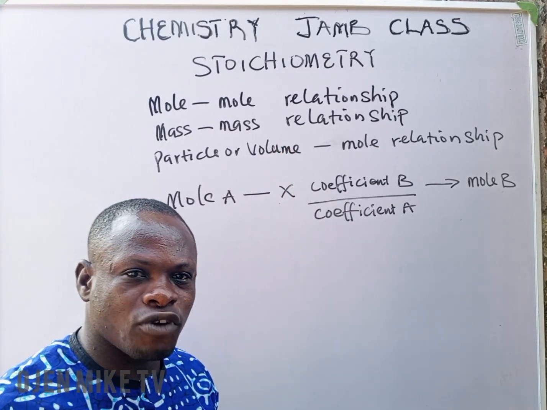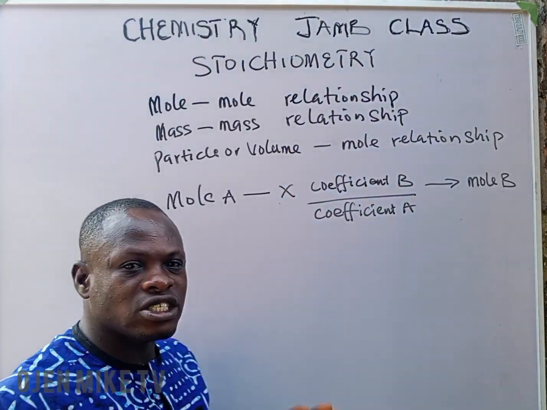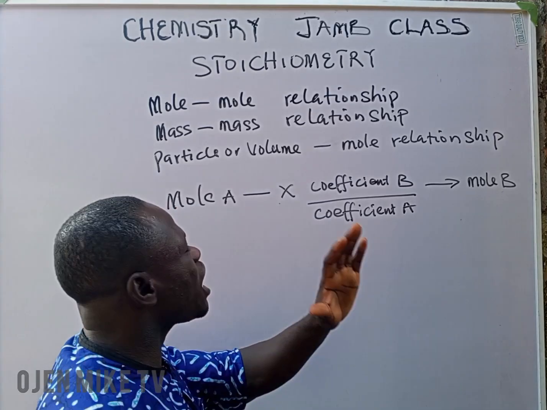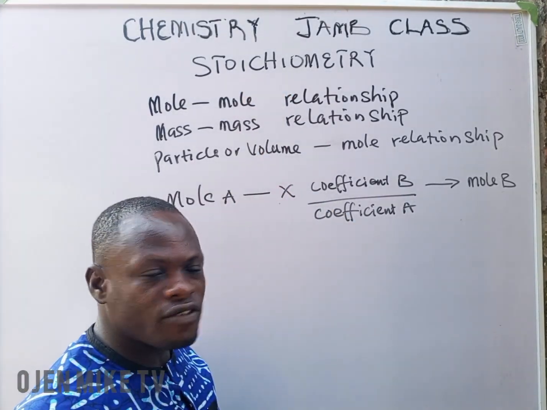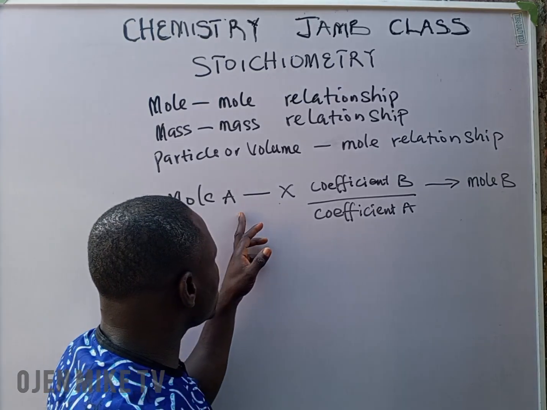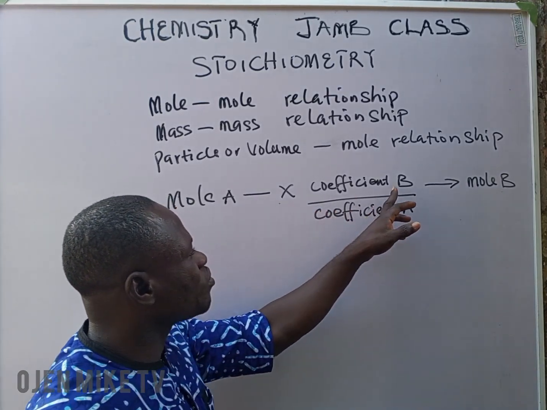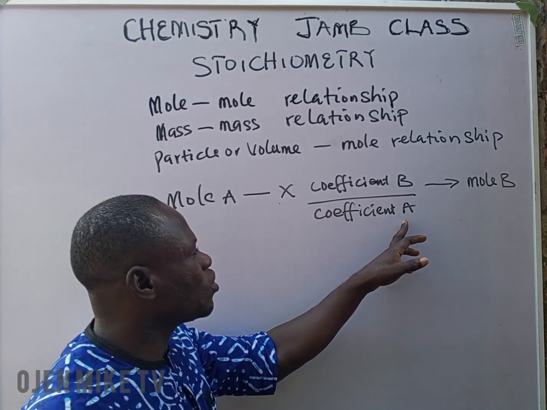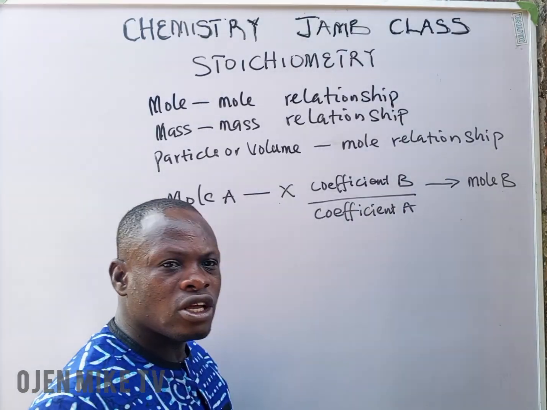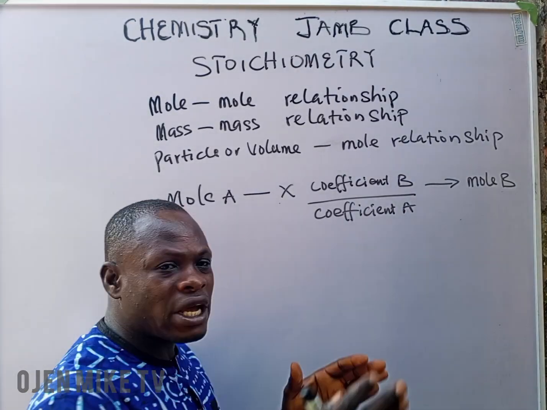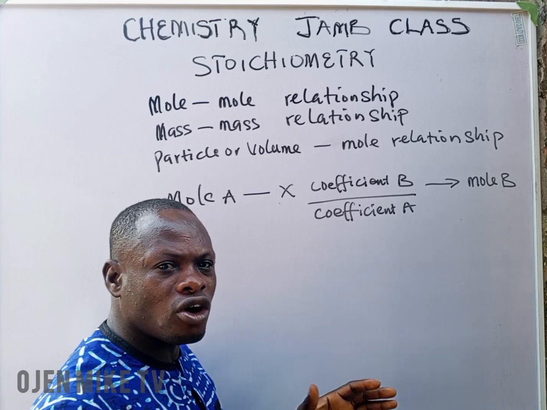When you understand this formula, it is very simple for you to solve any kind of problem regarding stoichiometry. Are you following? Moles of A, multiply by the coefficient of B, all over the coefficient of A. Now, the coefficient is simply the balancing mole ratio of A and B.